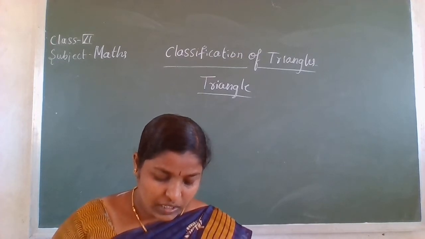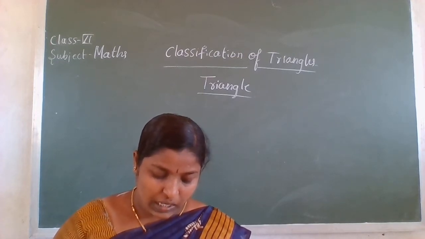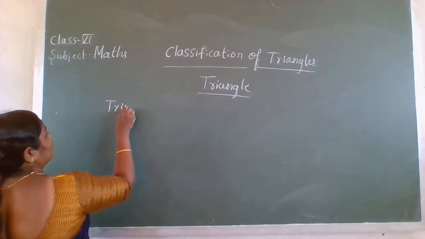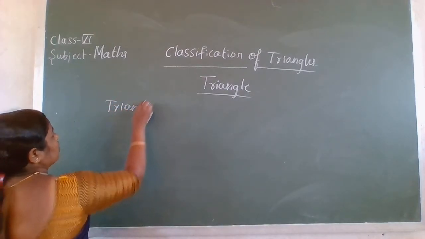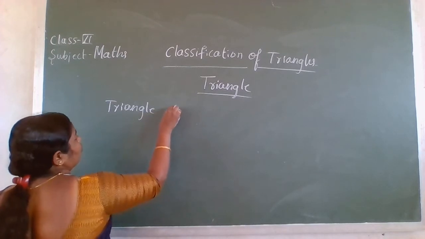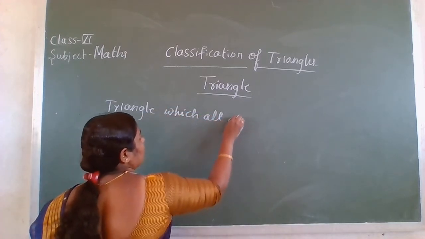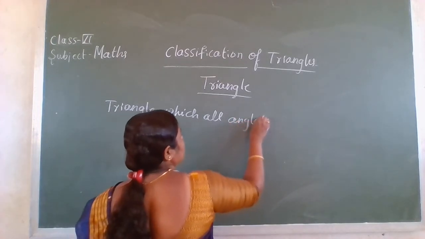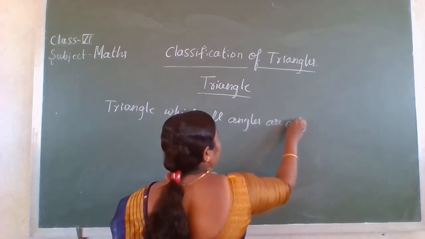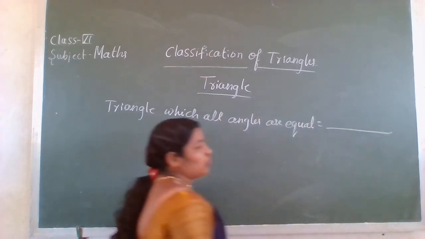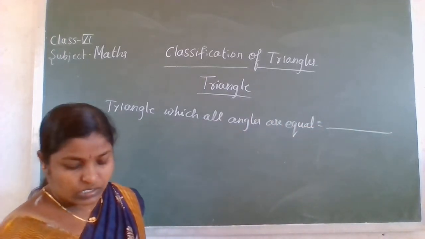Triangles in which all the angles are equal, what will we call them?